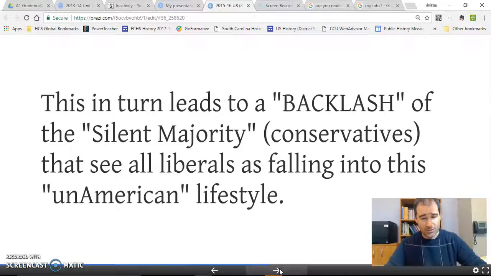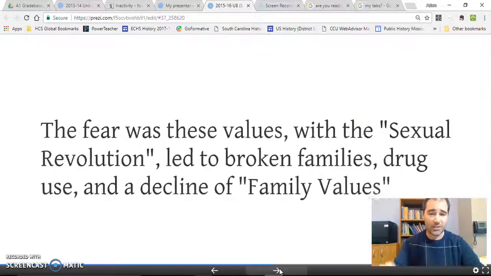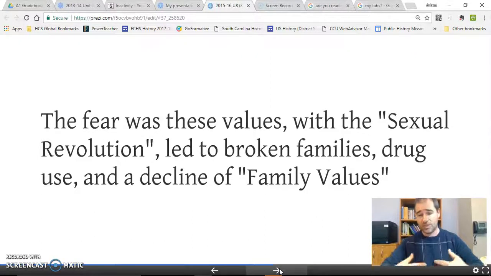This leads to what's called the silent majority, seeing all liberals as falling into this, what they saw as un-American lifestyle. And if that's how liberals are going to act, they shouldn't be able to participate in the government. They're not taking away their rights, but the silent majority is going to go out and vote, and they're going to try to push for legislation that prevents some of these actions.